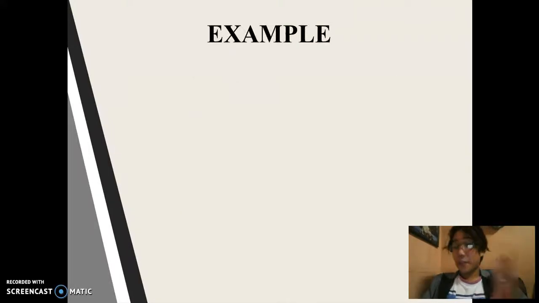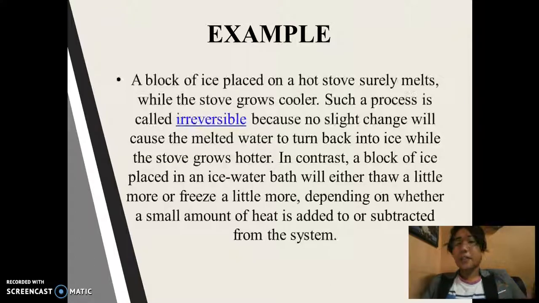I will give you an example of entropy. A block of ice placed on a hot stove surely melts, right? Am I right, ladies and gentlemen? Of course, if you put ice on a hot stove, it melts. While the stove grows cooler, such a process is called irreversible, because no slight change will cause the melted water to turn back into ice while the stove grows hotter.